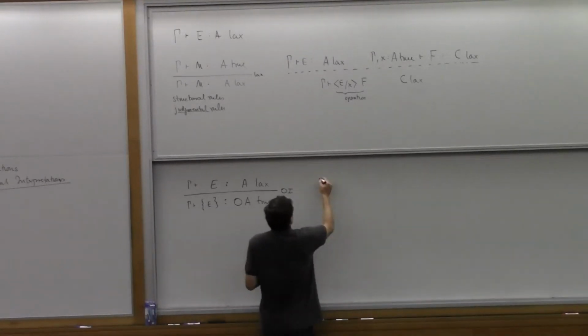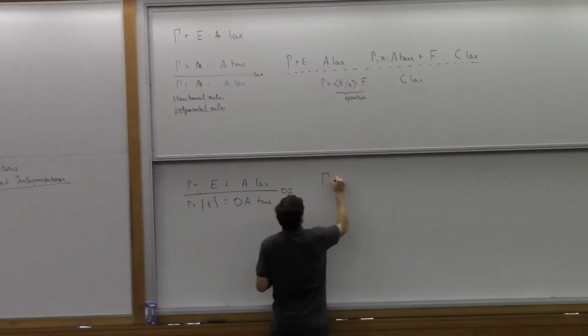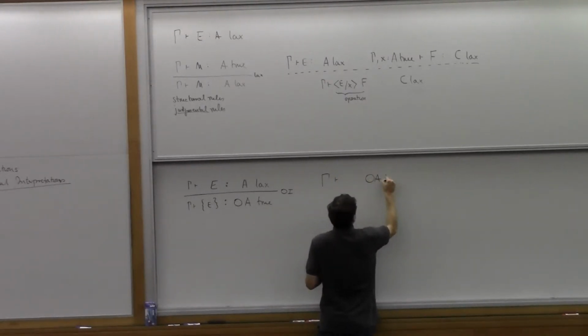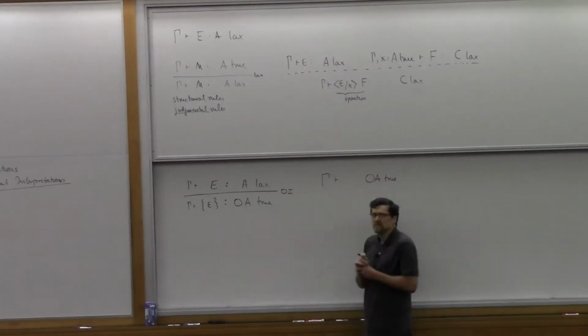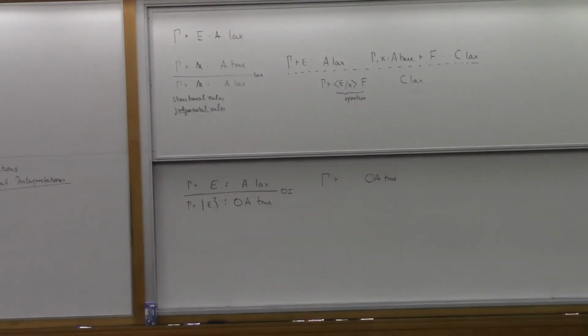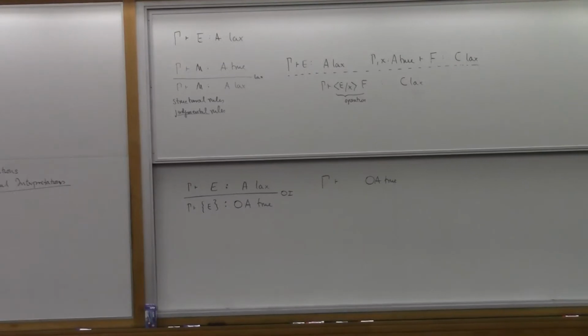And the elimination rule has to be something like, if we know circle A is true, how do we actually use that knowledge? Any suggestions? We have to look at what's on the board here.